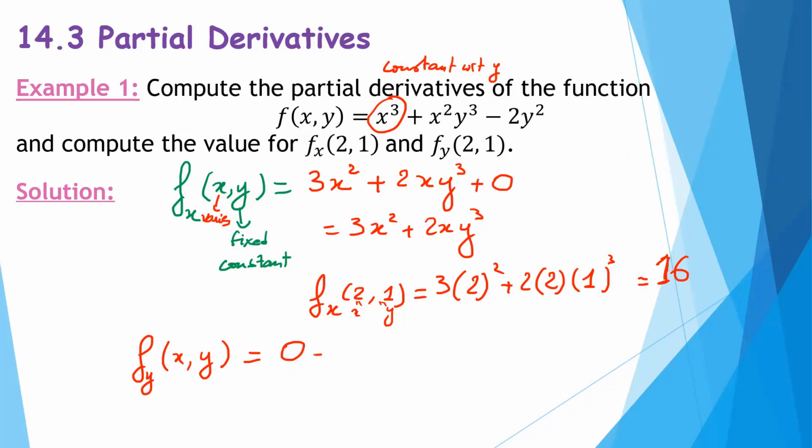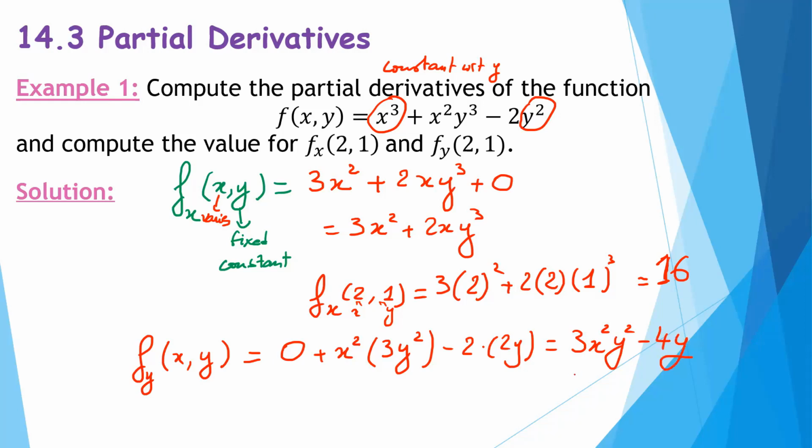X squared times y cubed: x squared is a constant, and the derivative of y cubed is 3y squared. And here, minus 2 times the derivative of y squared, which is 2y, so minus 4y. So the result is 3x squared y squared minus 4y.